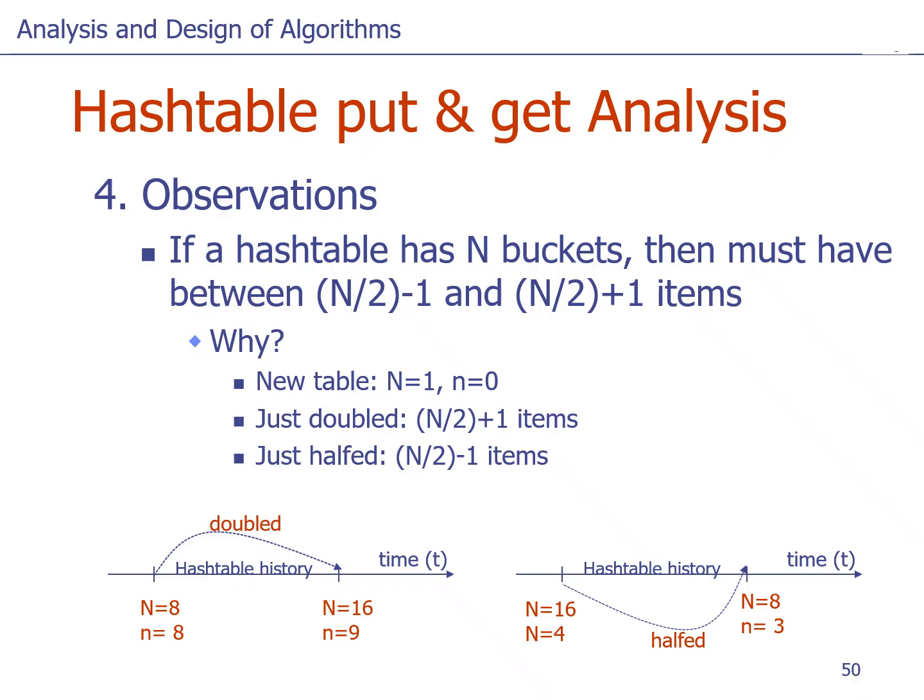Now, what about the other scenario, where I just halved the number of buckets? We said we're going to halve the number of buckets if the load factor drops below a quarter, which is illustrated in the figure at the bottom right. If big N is 16, the number of buckets is 16, and the number of entries is 4.